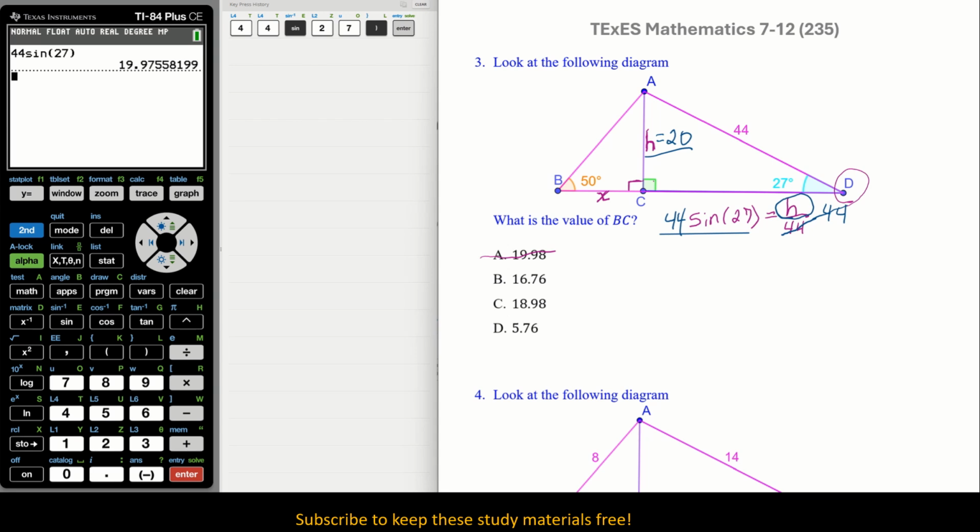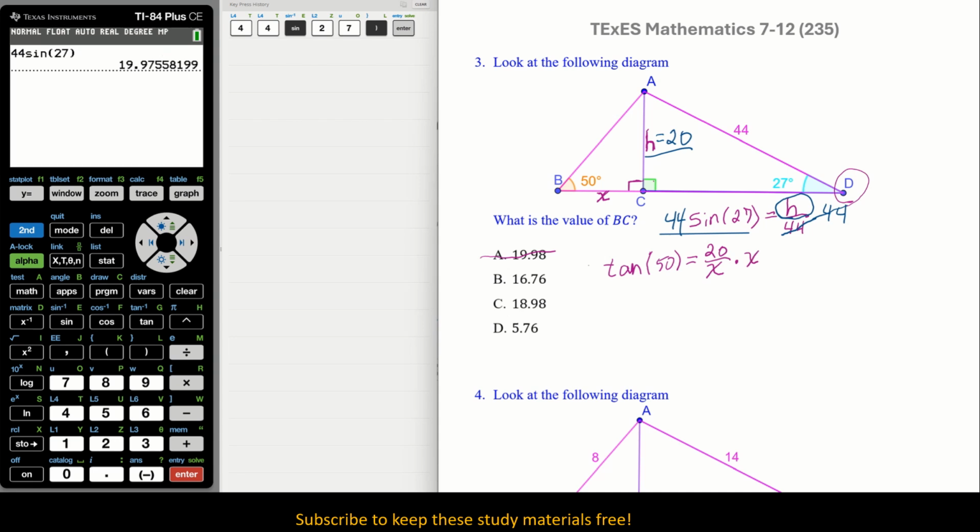So we can use tangent of 50 and use opposite over adjacent, okay? So tangent of 50 equals, opposite is 20, 20 over x. Now this is going to be a little bit more to it. We did one of these earlier, so we'll be okay. Multiply both sides by that x.